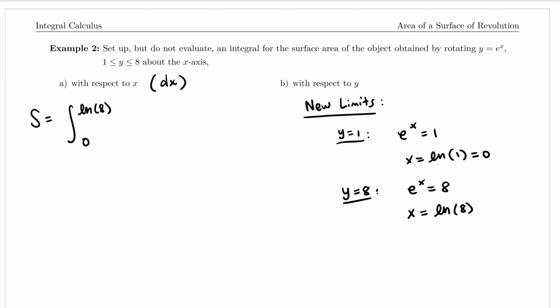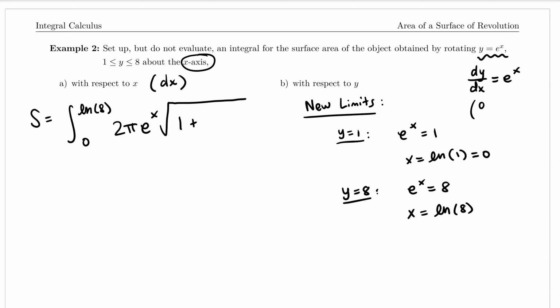And because we're rotating about the x-axis, we have 2 pi y, but we're integrating with respect to x, so instead of y, I'm going to sub in e to the x. And then we have the square root of 1 plus dy dx quantity squared. And if I come over here, dy dx is equal to e to the x.